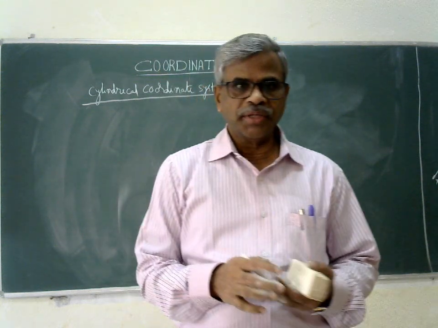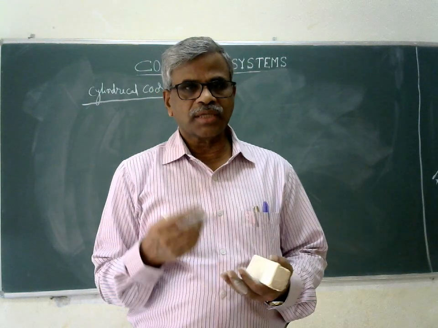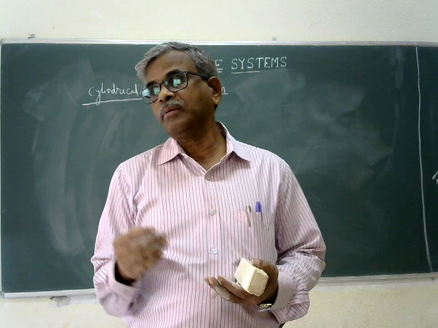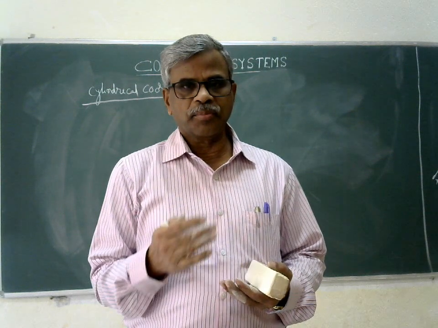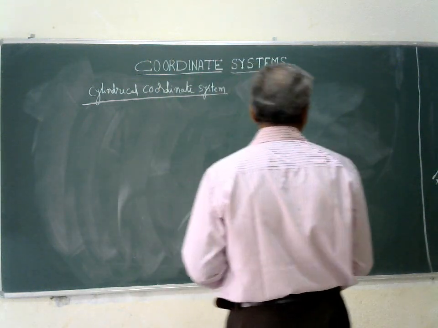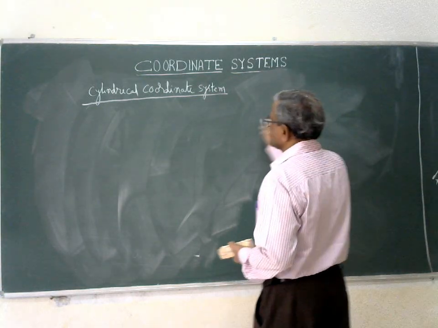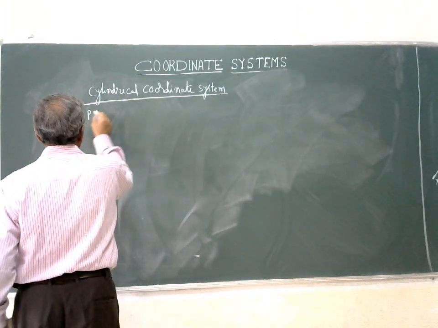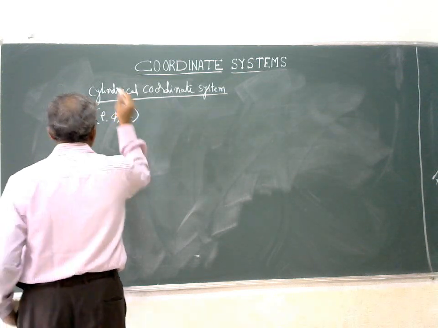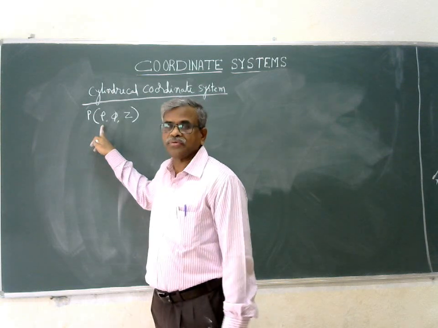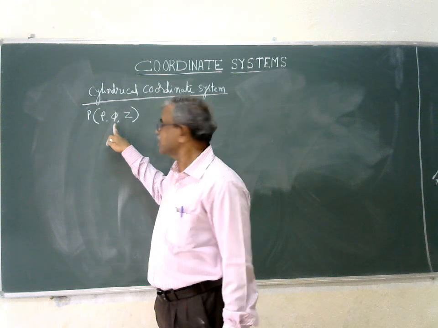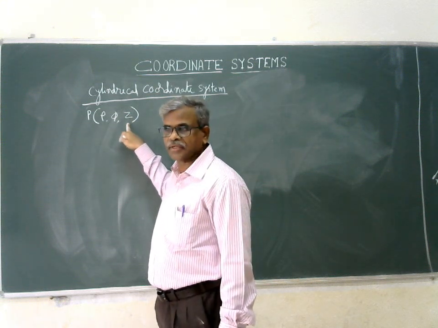The surfaces are a circular cylinder of radius rho equal to constant, a plane phi equal to constant, and a plane z equal to constant. P is (rho, phi, z). Rho is the radius of the circular cylinder. Phi is the angle from the x-axis. Z is the height along the z-axis.